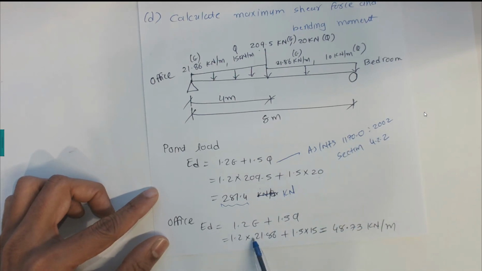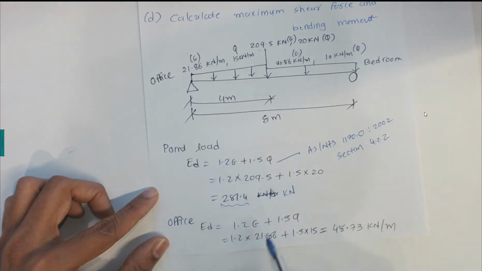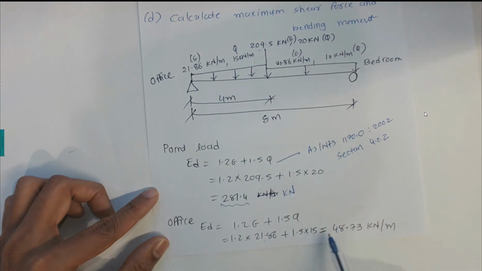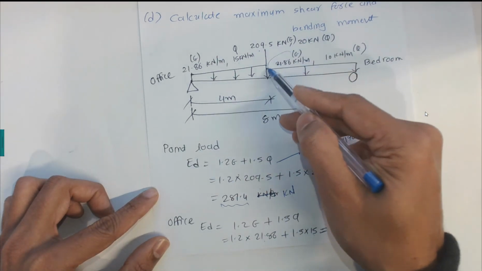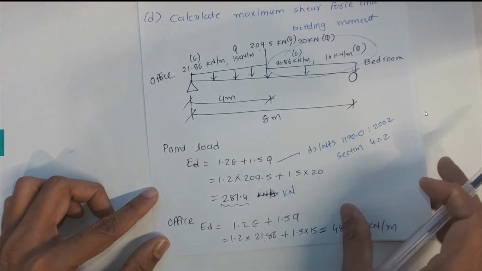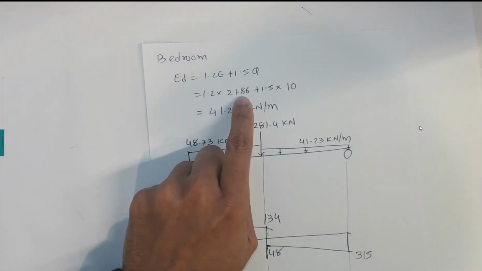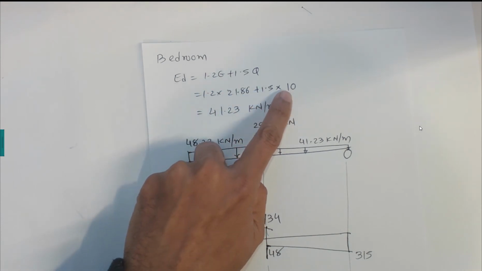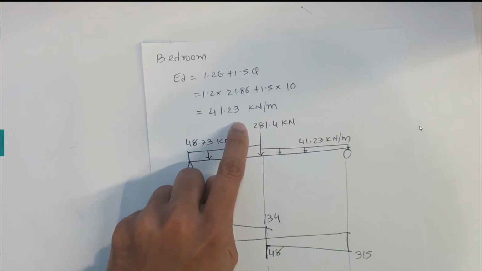We substitute 1.2 times 21.86, which is the dead load for the office, and 1.5 times 15, the live load for the office, giving 48.73 kilonewton per meter. The same concept applies here: 21.86 as the dead load for the bedroom and 1.5 times 10 for the bedroom live load, so that is 41.23.